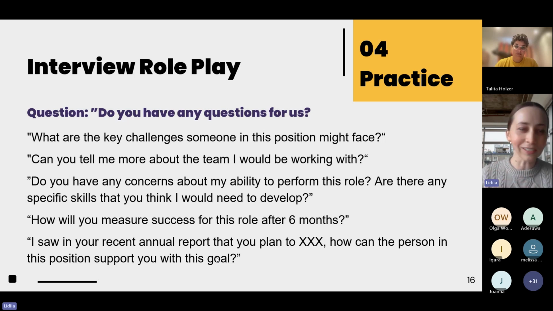Or, as you have already said, I saw in your recent annual report that your plan is to achieve something. For example, how can the person in this position support you with this goal, and so on. These questions are great because they show that you are clearly interested in this particular role, that you did your research, and that you are already thinking about how you would perform if you got in.